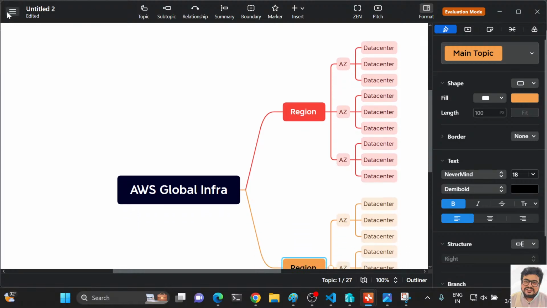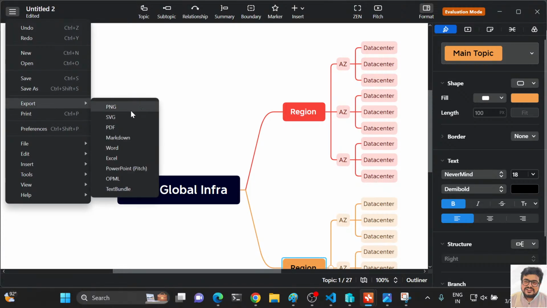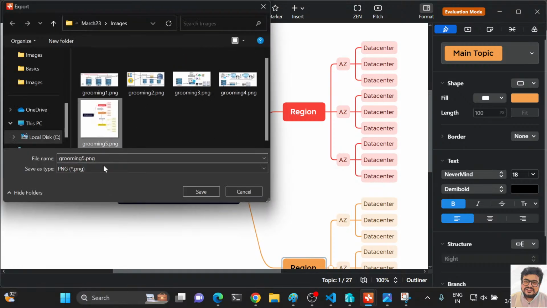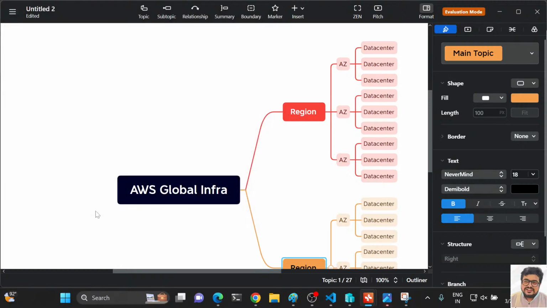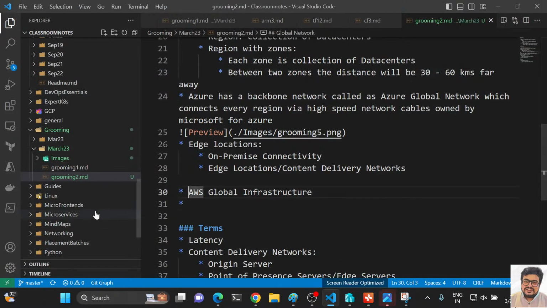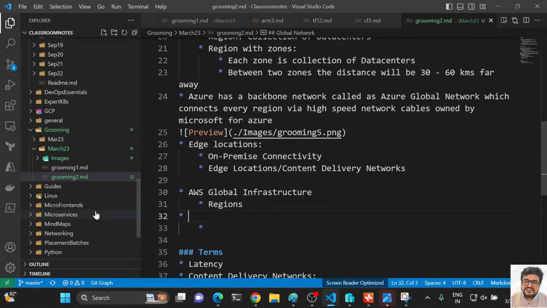Good. AWS global infrastructure, what does it have? Regions.